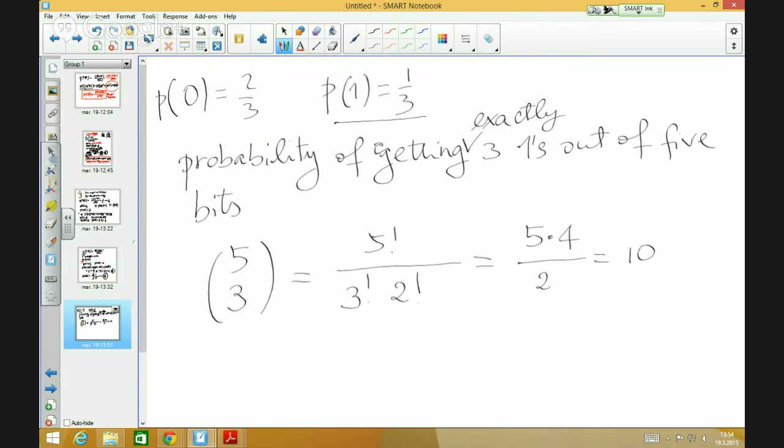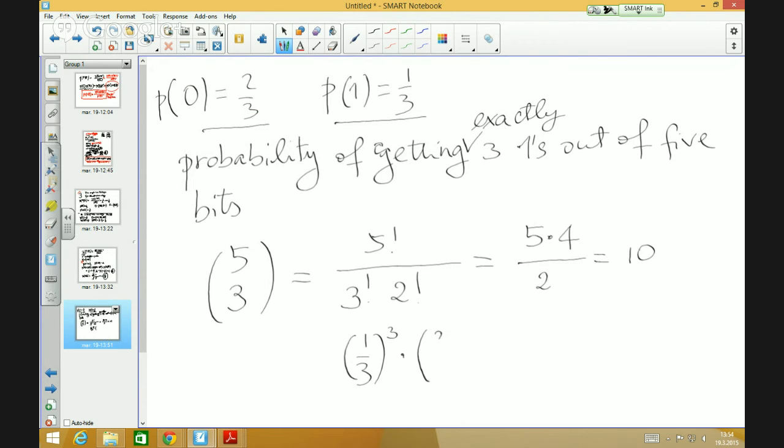Well, you know that these are all mutually independent. You know what is the probability of getting 1, 0. You know what is the probability of getting 1. So the probability of getting 3 ones is 1/3 to the 3rd times the probability of getting, if you get exactly 3 ones, 2 zeros.